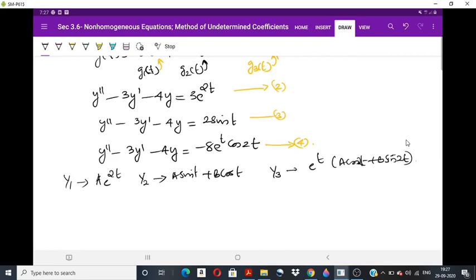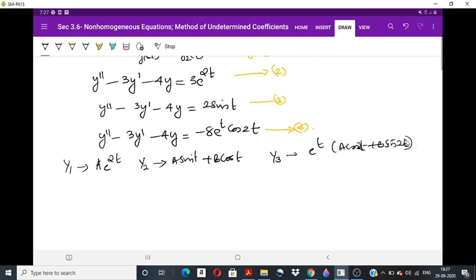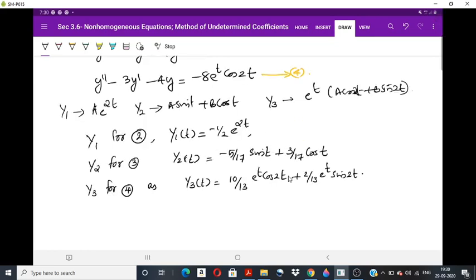So now I am writing the particular solutions. We have obtained y1 for equation number 2 as y1 of t is equal to minus 1 by 2 e raised to 2t, and y2 for equation number 3.